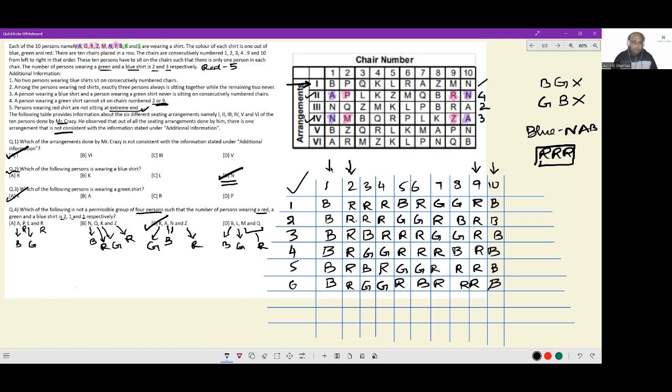Also, because we are told which of the arrangements done by Mr. Crazy is not consistent, one of these arrangements, either 1 or 3 or 4 or 5, gets cancelled. Let's say if 1 gets cancelled, B has to be blue. Let's say if 3 gets cancelled, then B has to be blue. Let's say 5 gets cancelled, then B has to be blue. Let's say 6 gets cancelled, then B has to be blue. You can infer the fact that B is blue from that itself.